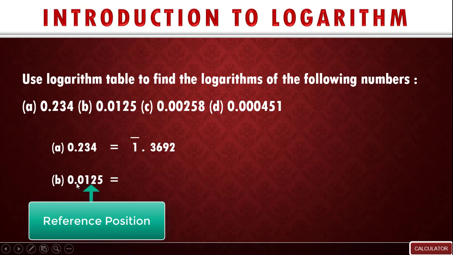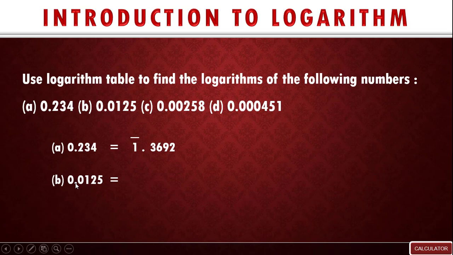Then all we need to do is count from this decimal point to that reference position, and we have 1, 2. Since we have 2 there, our characteristic will be bar 2.